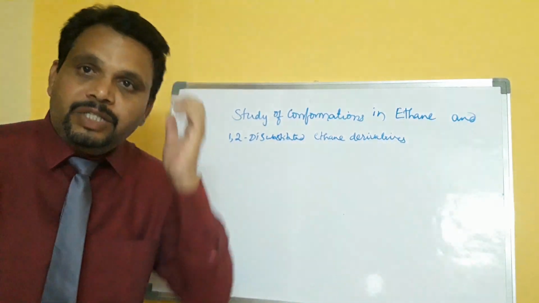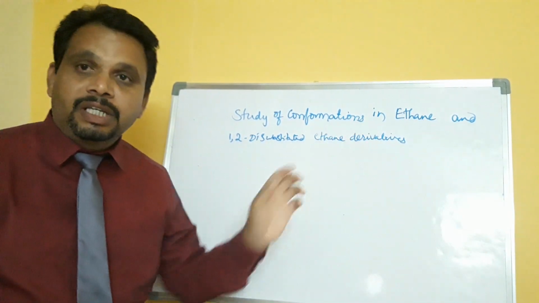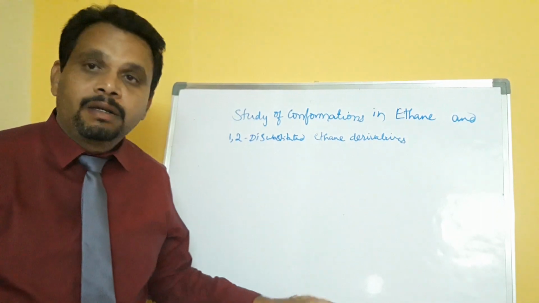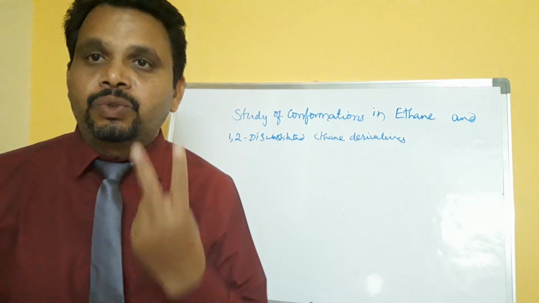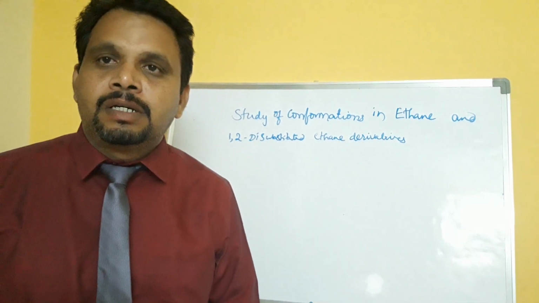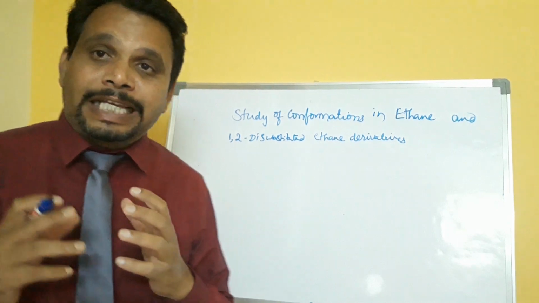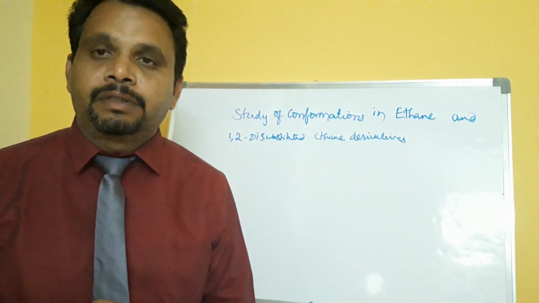So already I explained conformational analysis in ethane, and how many conformers are available in the ethane molecule. There are two conformations that can be isolated. One is the eclipsed conformer, the other is the staggered conformer.